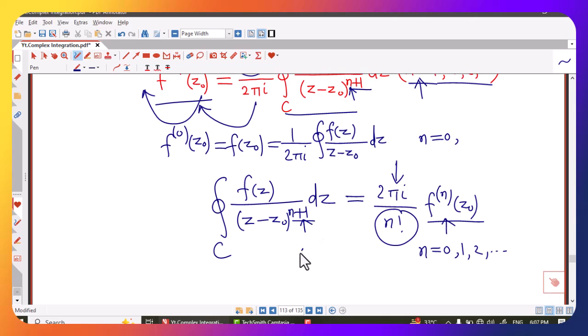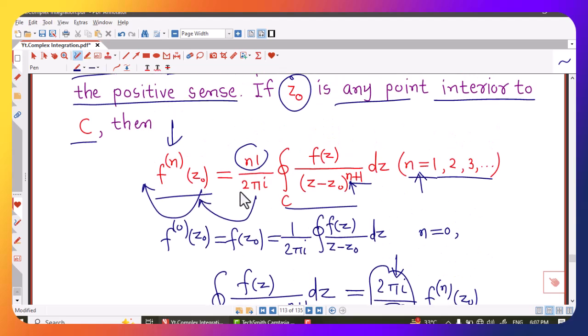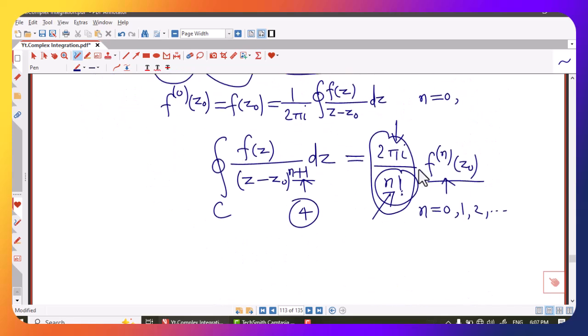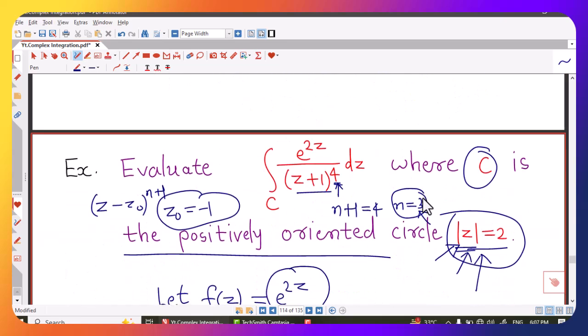In our example power is 4, so we have taken third derivative at z0, and here we have 3 factorial. So if we are writing this quantity on right hand side, we have 2 pi I over n factorial, and if we are writing on this side, we have n factorial over 2 pi I. But for examples we will remember this, that 2 pi I divided by n factorial times nth derivative at z0.